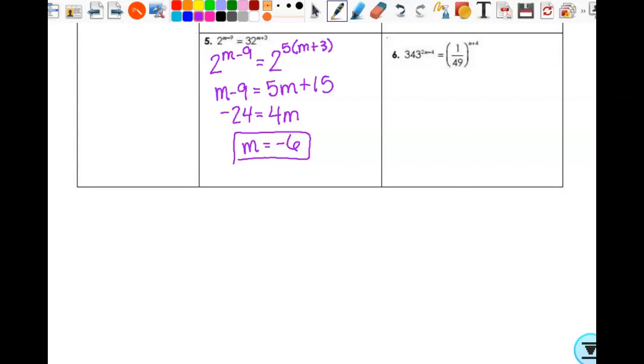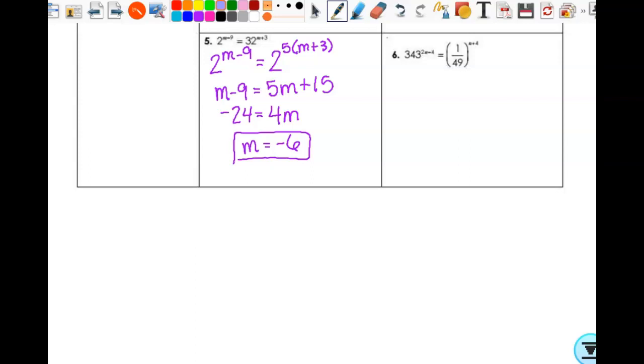Any questions at all? All right. Let's look at number 6. So I got 343. Well, I don't know what 49 squared is off the top of my head, but I'm pretty sure it's not 343, so I'm thinking I can't use 49 as the common base. You with me on that? So the square root of 49 is what? 7. So 7 times 7 is 49. 49 times 7, 343.